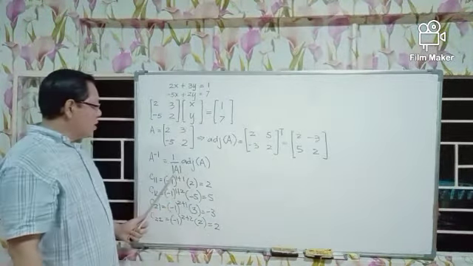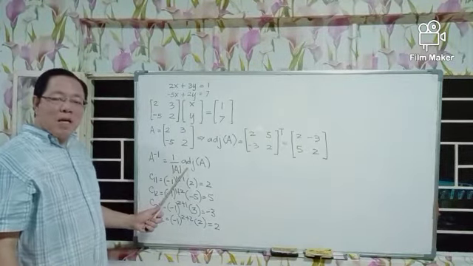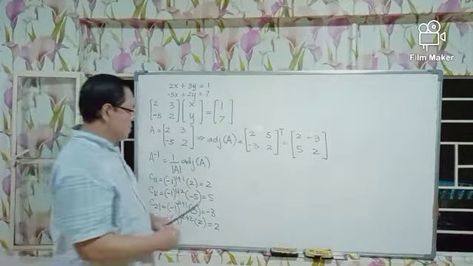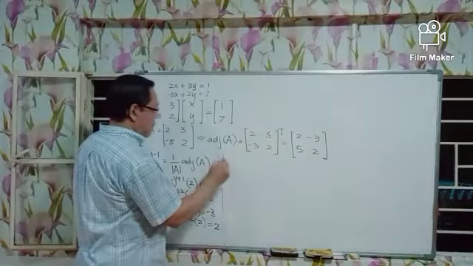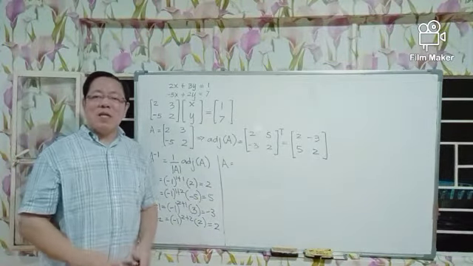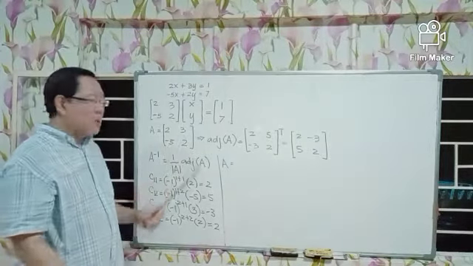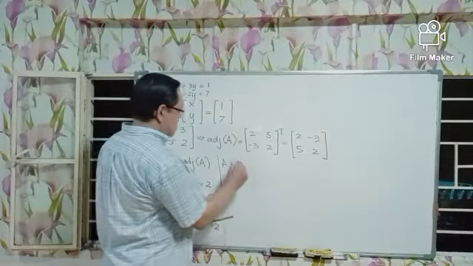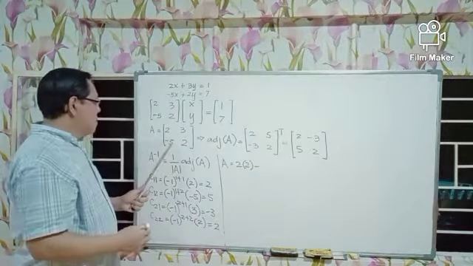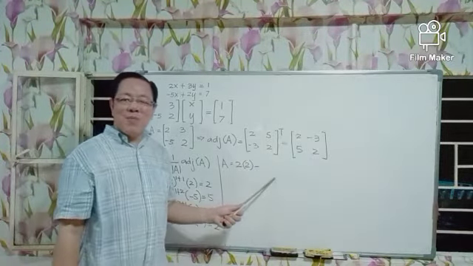Now we need to get the determinant of A, because we have to multiply the adjoint of A by the reciprocal of the determinant of A. For a 2 by 2 matrix, the determinant is obtained by cross multiplication. 2 multiplied by 2 minus minus 5 multiplied by 3.